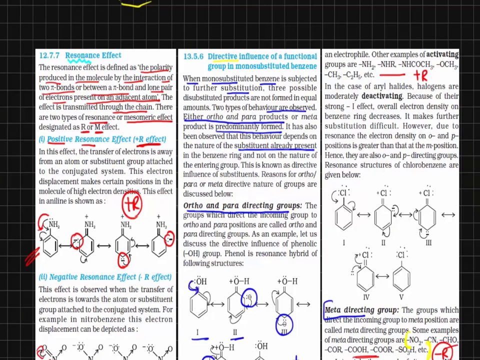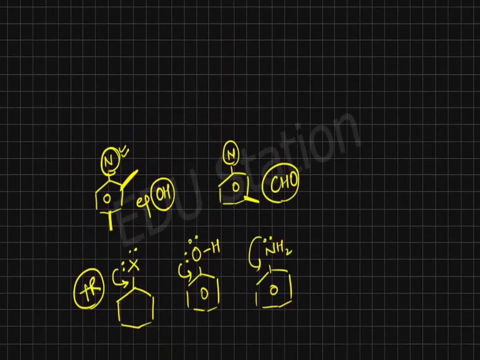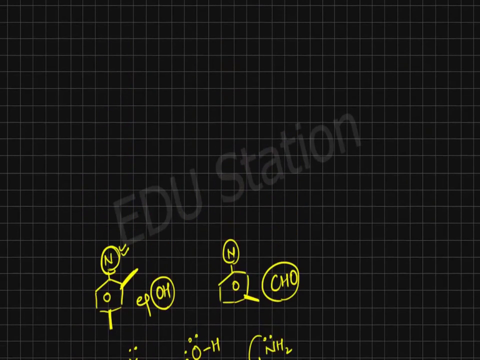Now, there is one group which has a very different behavior, we will go through that. This is observed in halogens predominantly. Let us say you have Cl over here, chlorobenze. This will give electrons to the ring.